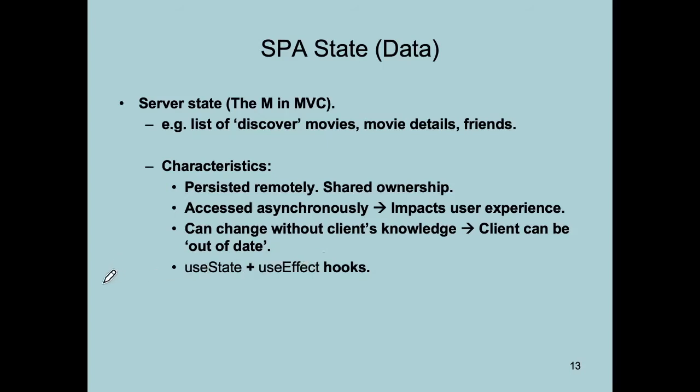The characteristics of server state data is that it's definitely persisted, and it's persisted remotely. It's persisted at the back end. It's shared by all instances of your client, and it's accessed asynchronously because we're retrieving it across a network, so it has to be asynchronous.